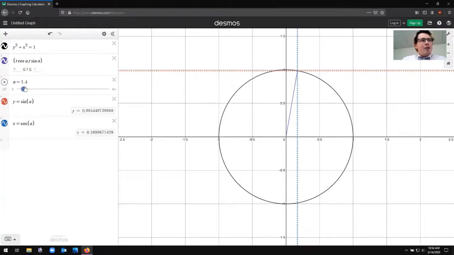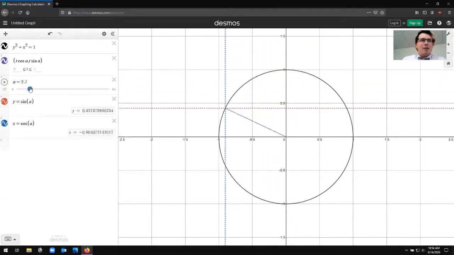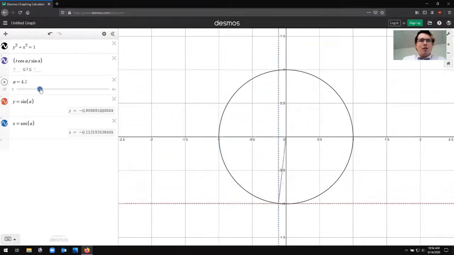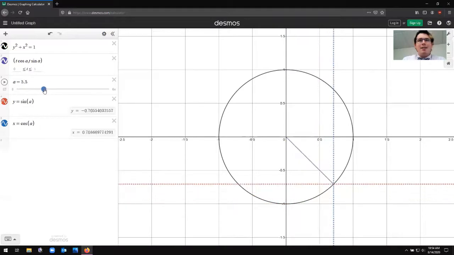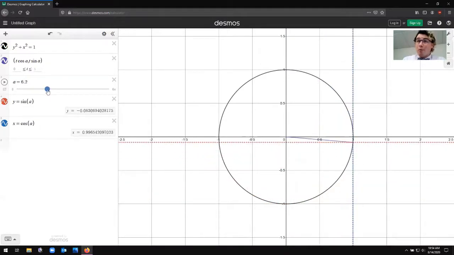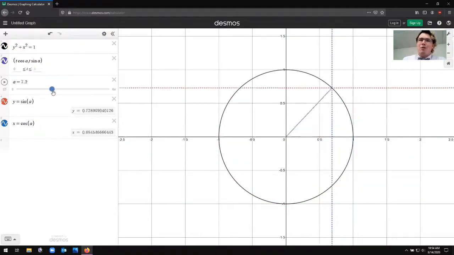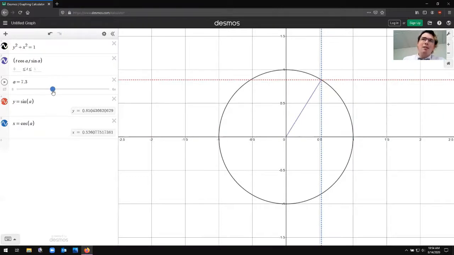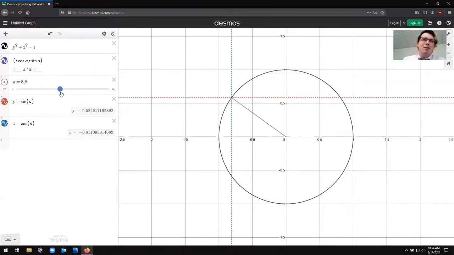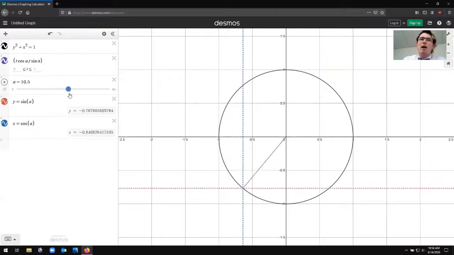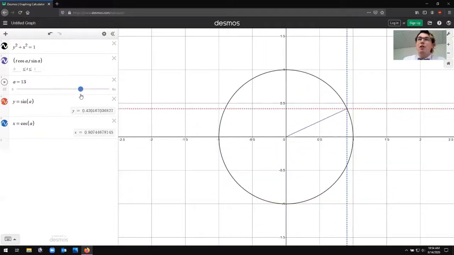If I look at angle values that are bigger than 2 pi, going around the circle for the first time, you can see that the sine and cosine values just wrap around, because after 2 pi I've already made a full revolution of my circle, and those x and y values are going to repeat themselves.